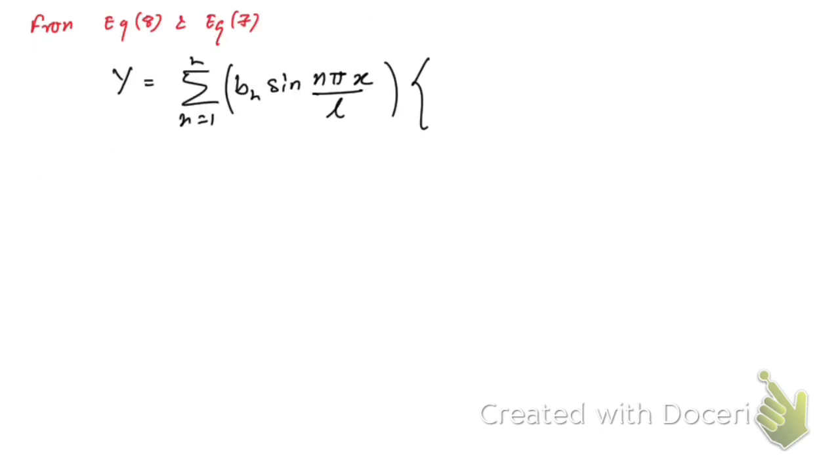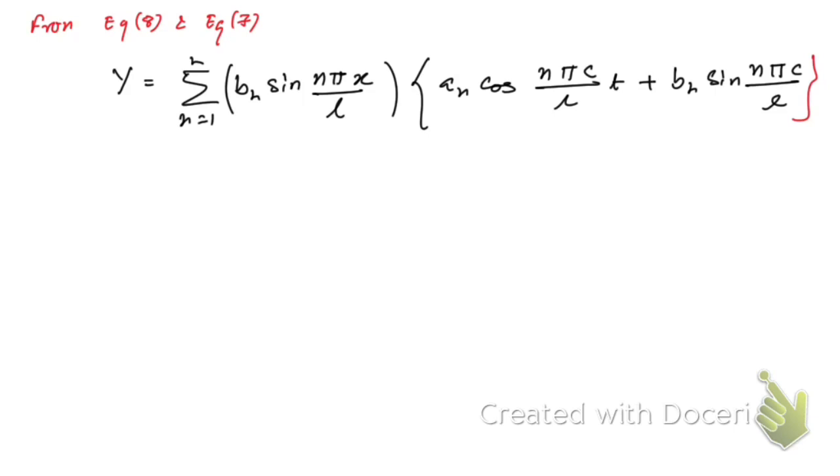Okay, then an cos n pi c by L into t plus bn sine n pi c by L, right? So this is the required solution that we needed to obtain.